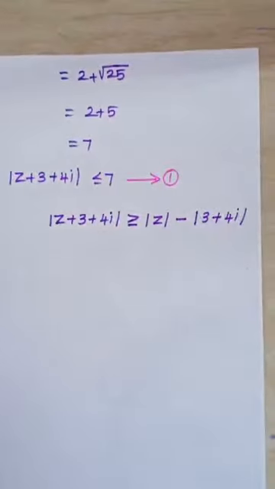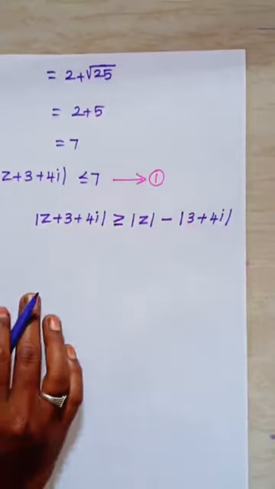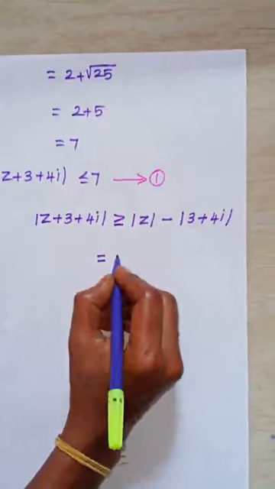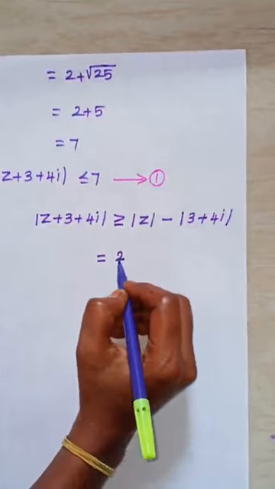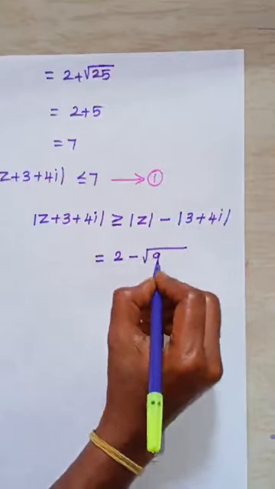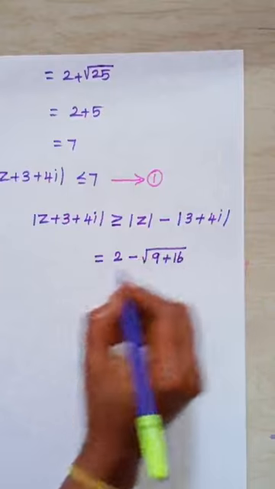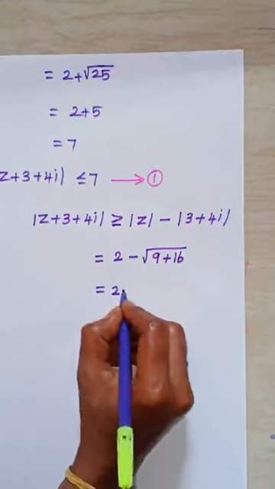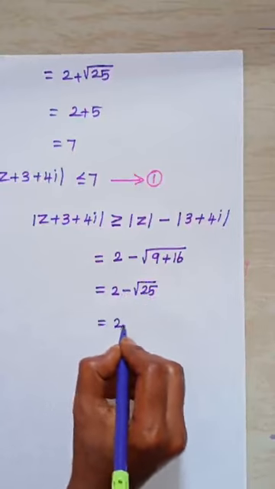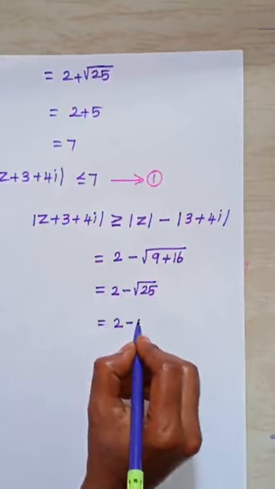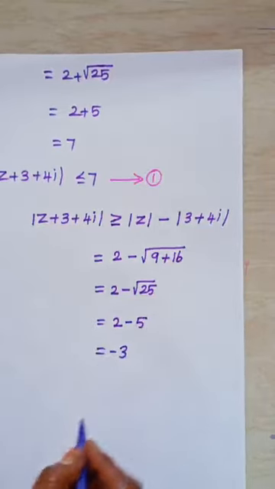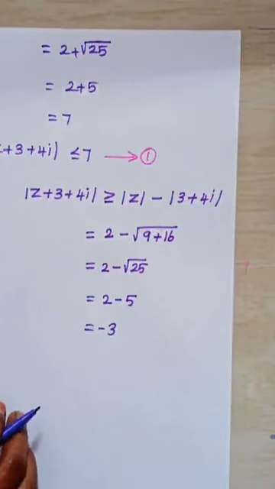This is equal to modulus z, whose value is 2, minus the square root of 3 squared, 9, plus 4 squared, 16, which is 2 minus square root of 25, which is 2 minus 5, which is minus 3.